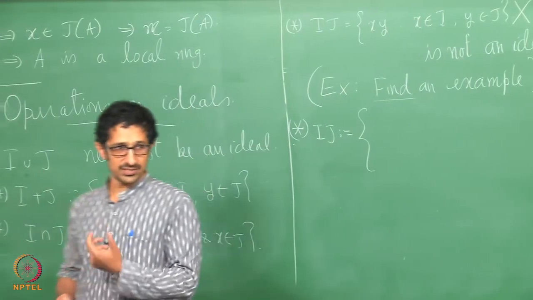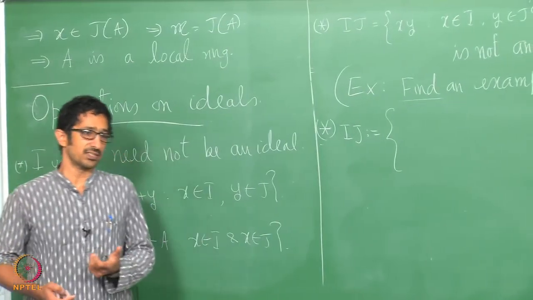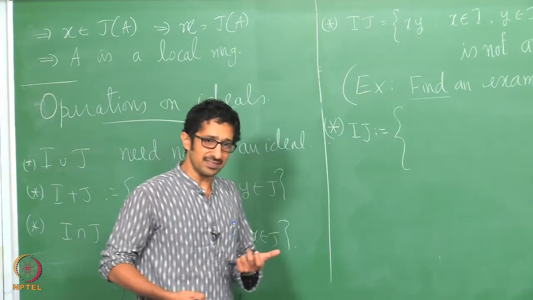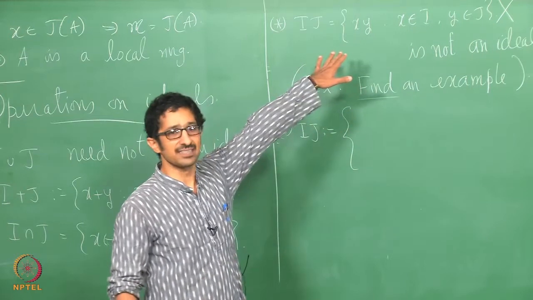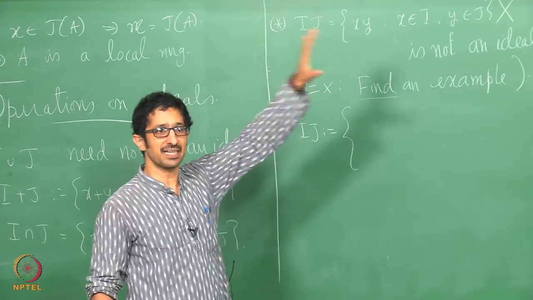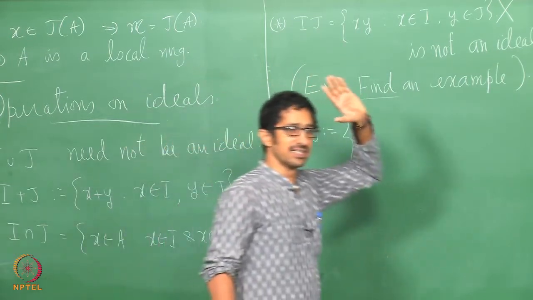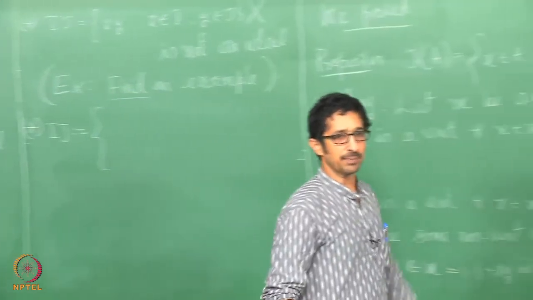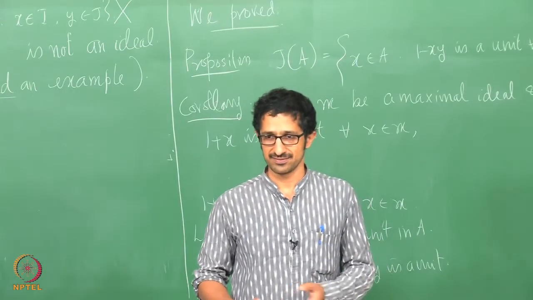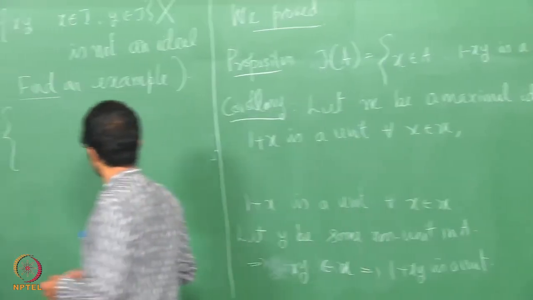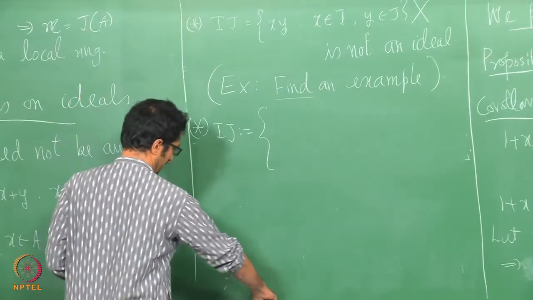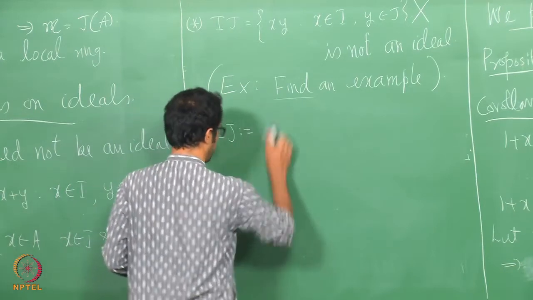So it is natural to talk about the ideal which is the smallest and contains this one. I define that to be my product ideal IJ. Is that clear? I can make a definition in many ways.